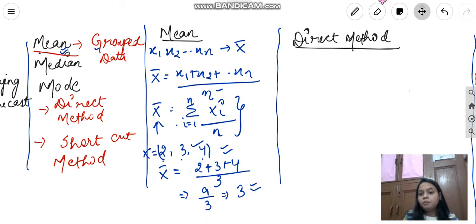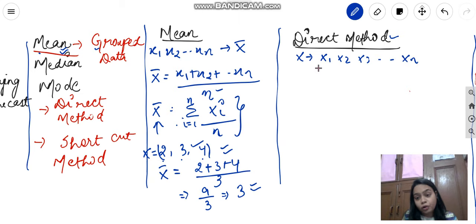Now the very first method for calculating mean is the direct method. Suppose we have a variable x that takes the values x1, x2, x3 up to xn with corresponding frequencies f1, f2, f3 up to fn.